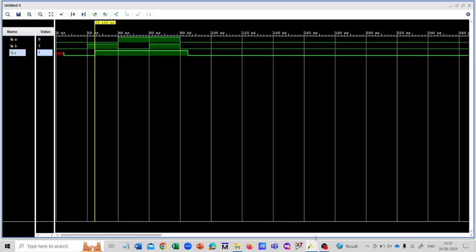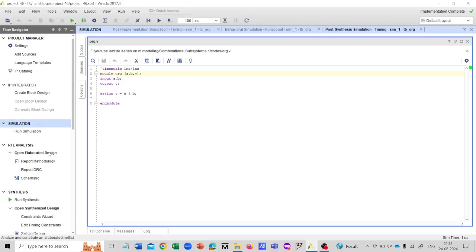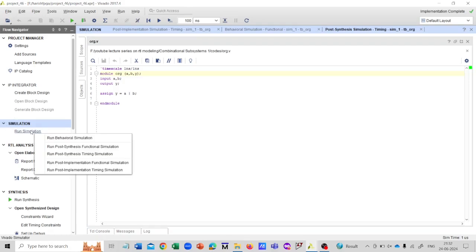Okay, we are still not done. Let us again revisit the simulation box. Let us go to what is called post-implementation timing simulation. In post-implementation timing simulation, the place and route of the synthesized hardware is also completed.